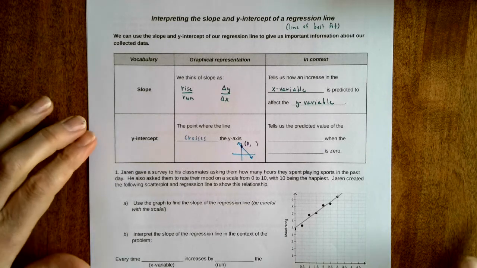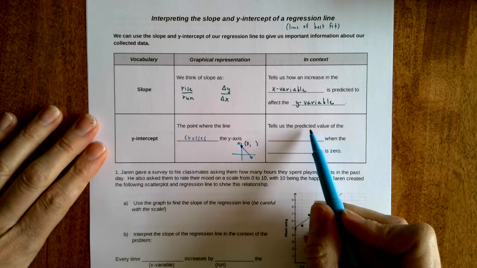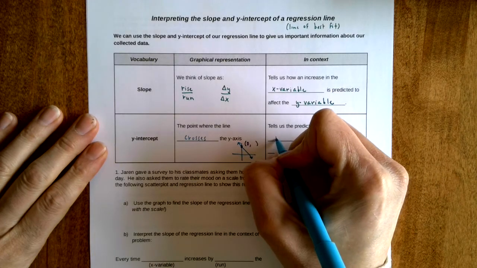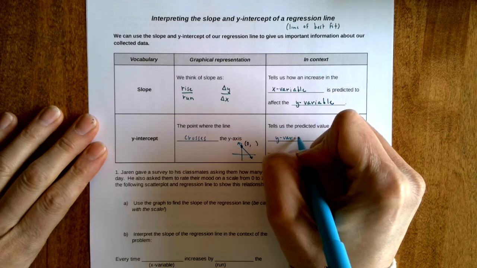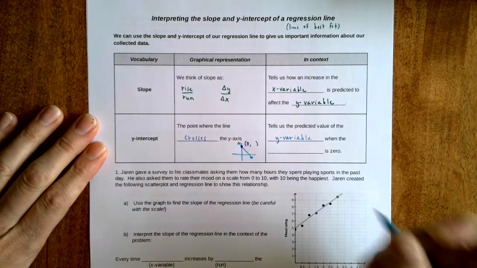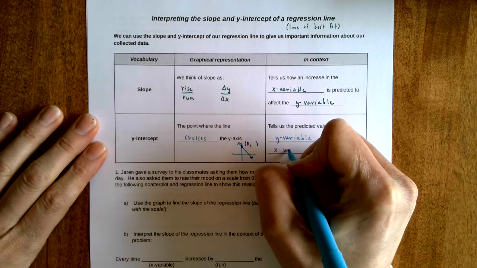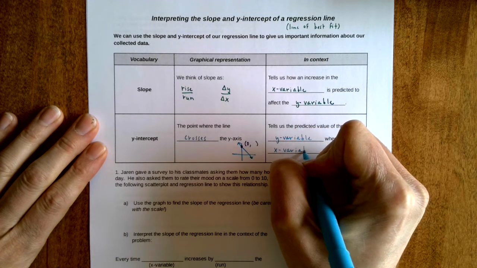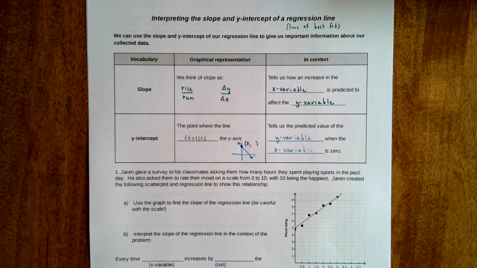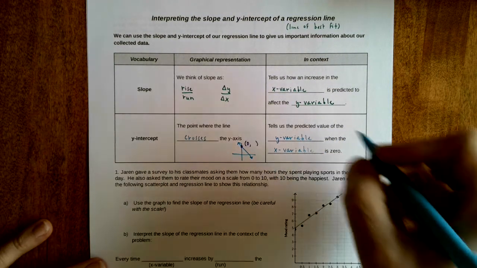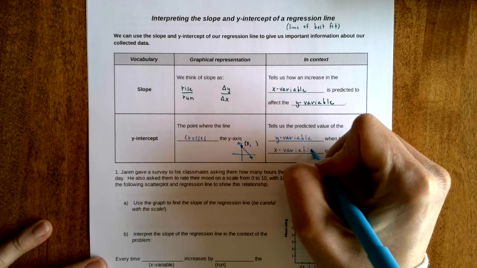The y-intercept tells us the predicted value of the y variable when the x variable is 0. So that's really what you need to know.